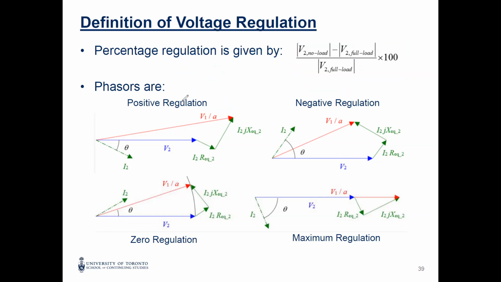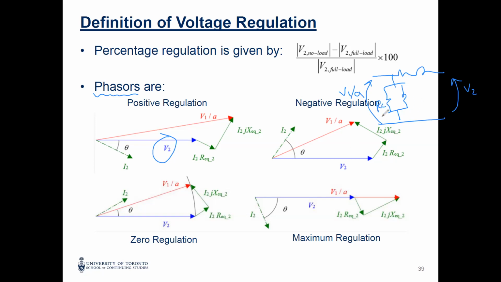However, it depends also on the load itself. Let's draw some of the phasors. This is V2, the voltage here V2, and this is V1 over A. I referred it to the secondary, and this is something normal for the voltage regulation. You refer everything to the secondary.